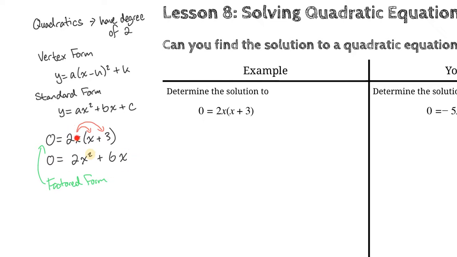So 2x times x plus 3 would give us this product of 2x squared plus 6x. Factored form is written as a multiplication statement, and you have seen it before when we've done distribution and multiplying binomials. But you may not have realized that it is a quadratic.